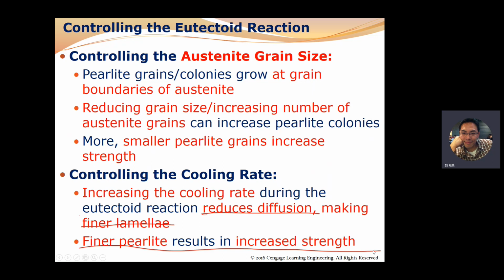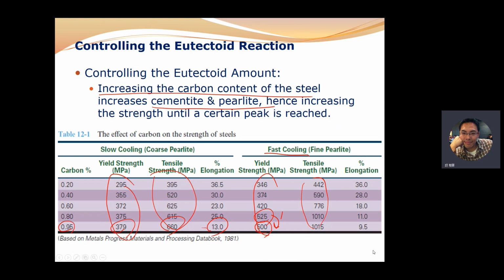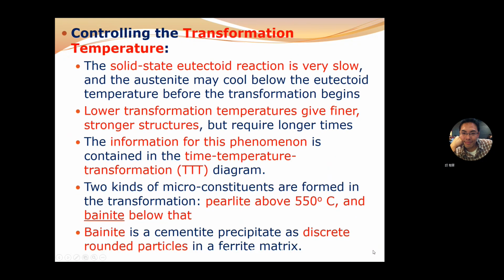That's the reason why the previous table shows that the fast cooling rate of this eutectoid reaction provides higher, stronger mechanical properties. Controlling the transformation temperature is also an important factor for controlling the eutectoid reaction.